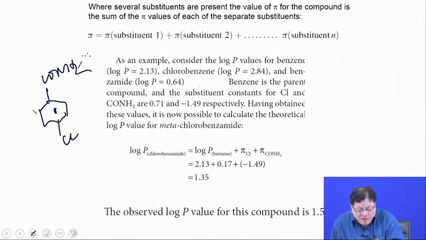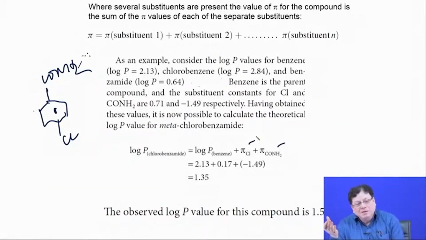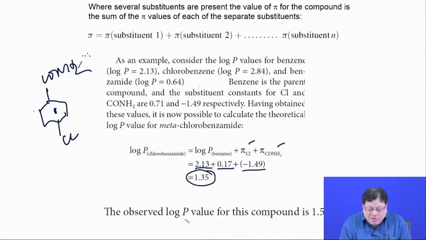So, it will be log p benzene plus pi Cl plus pi CONH2. Now, these are known because you can make benzamide and chlorobenzene and subtract benzene from them. So, you get the substituent hydrophobicity: it will be 2.13, chlorine has 0.17 and CONH2 has minus 1.49.